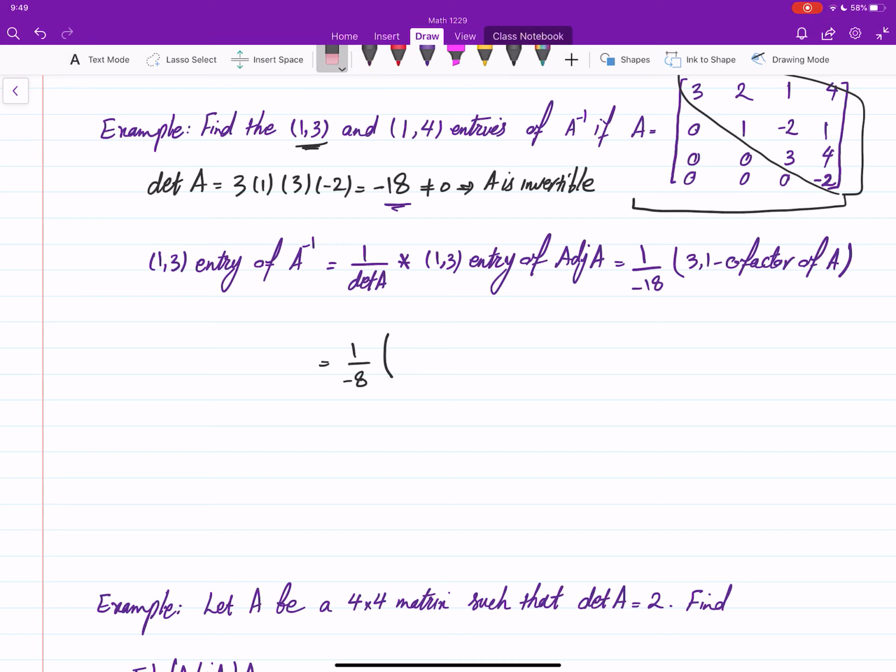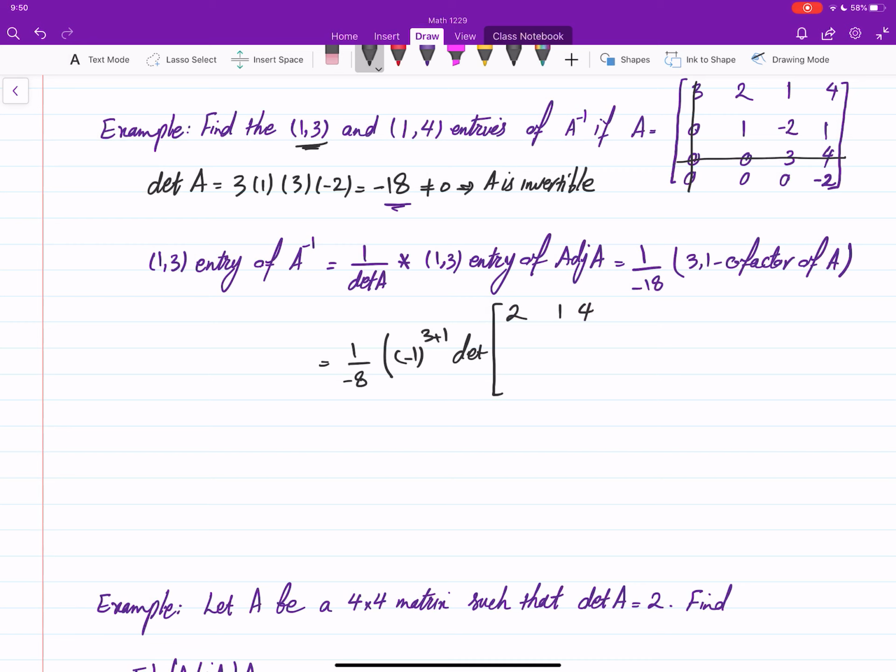Let me just clean this up a little bit. So 3,1. And this will give us negative 1 to the power 3 plus 1, then the determinant of the matrix 2, 1, 4, 1, negative 2, 1, 0, 0, negative 2.